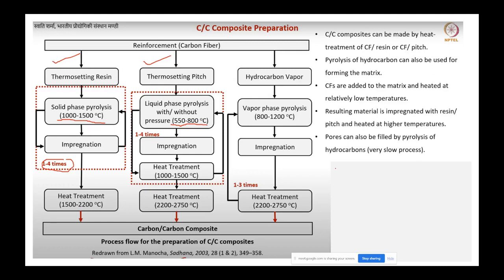So this composite can basically be prepared by the heat treatment of carbon fiber and resin, or carbon fiber and pitch. The pyrolysis, I hope that you are very well aware by now what pyrolysis means.